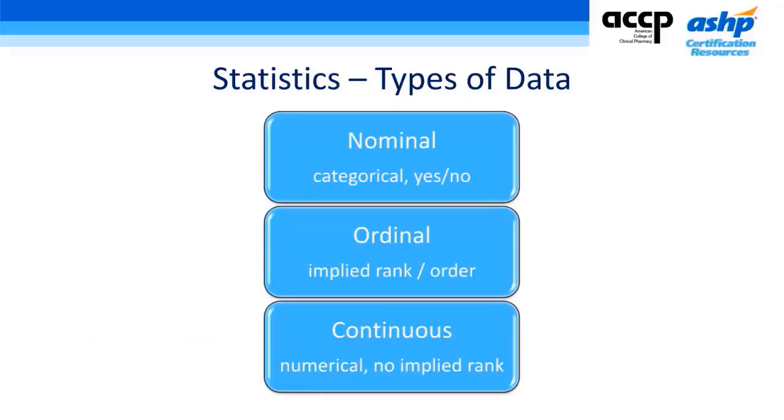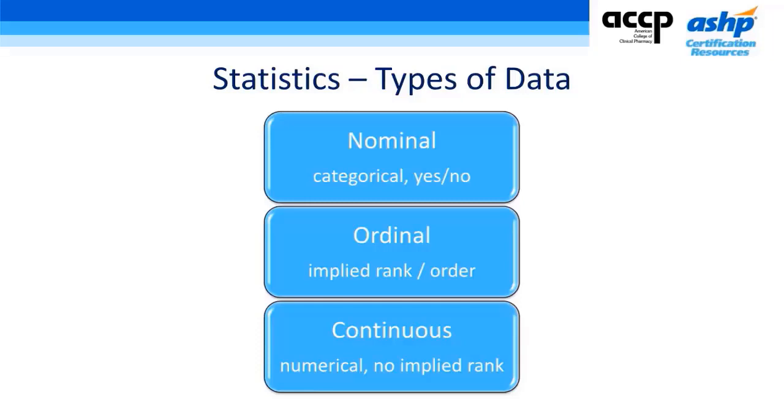This slide shows the different types of data: nominal, ordinal, and continuous. With nominal, we're thinking about categories. Basically, yes or no. Do the data fit into a category? And you're thinking yes or no. For ordinal, there is an implied rank or order. So, for example, in that previous question with ECOG performance status, there is a rank or order to the scale.